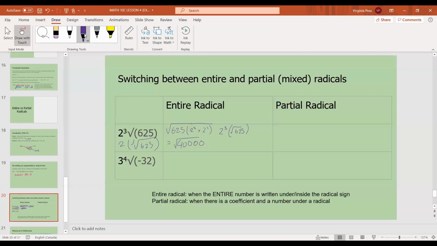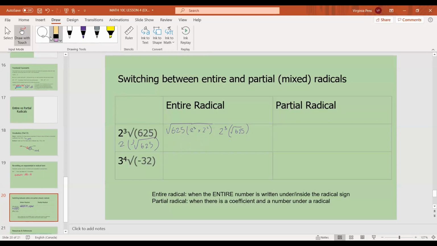That's something to keep in mind, but normally the coefficient would not have a power, because if it did, you wouldn't write it in exponential form. You would just write 8 instead of 2 to the power of 3. So I'm going to assume that I wrote 2 times the cube root of 625, which means that our answer here is wrong. Oh no!